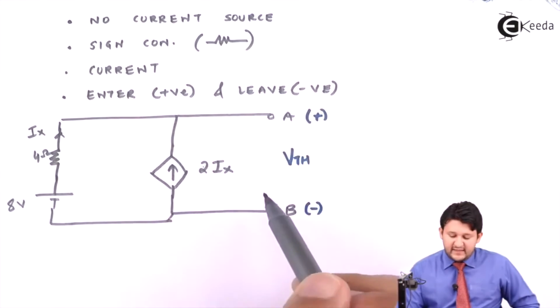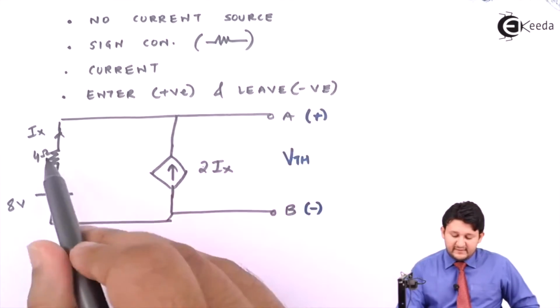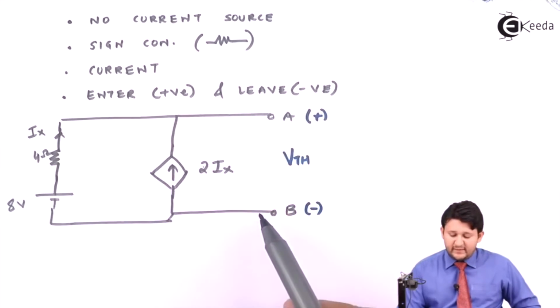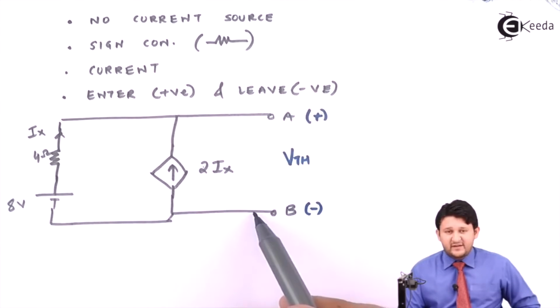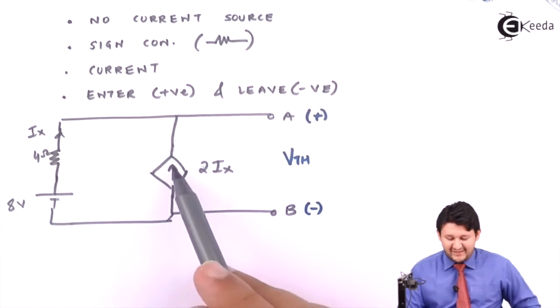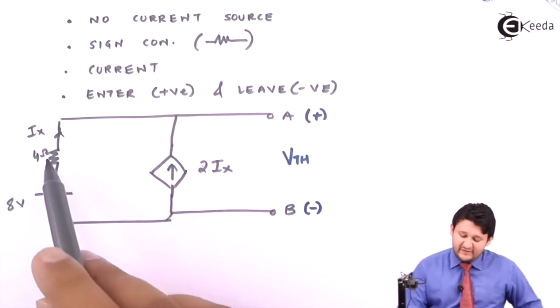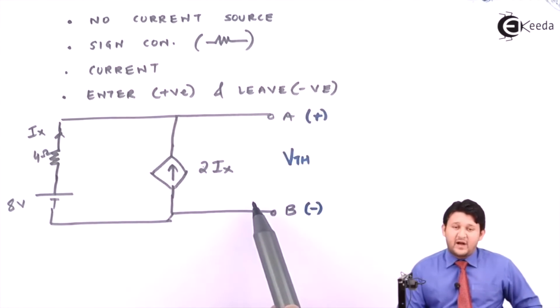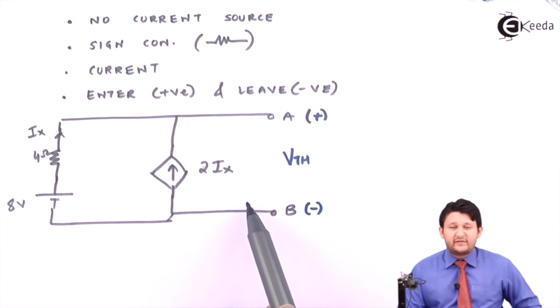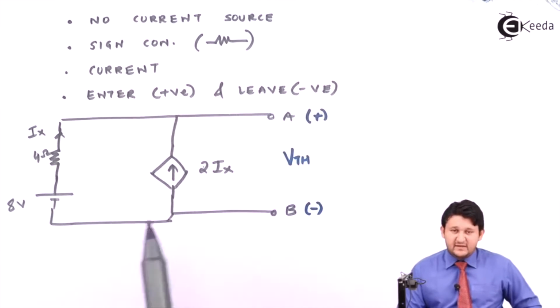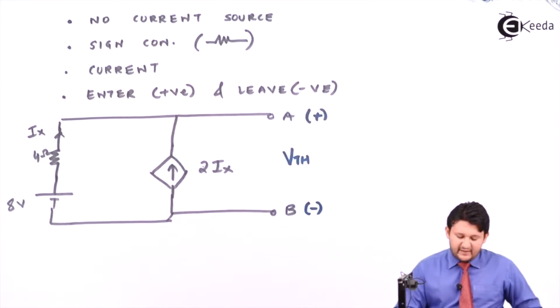From A to B, you have to select a path. There are two: first path, second path. The shortest path is this path. But the logic says the path should be selected in such a way that there shouldn't be any current source. This path has a current source, so we cannot select it. So we have to select this other path. After selection of the path, we need to give the sign convention, which is given by current.